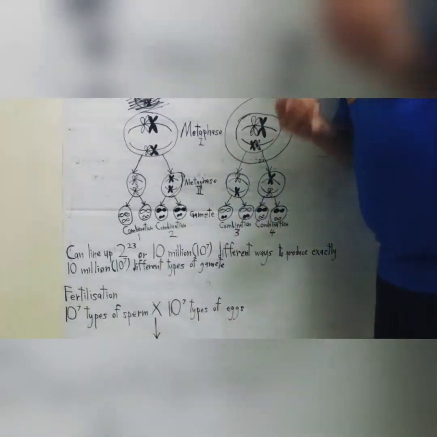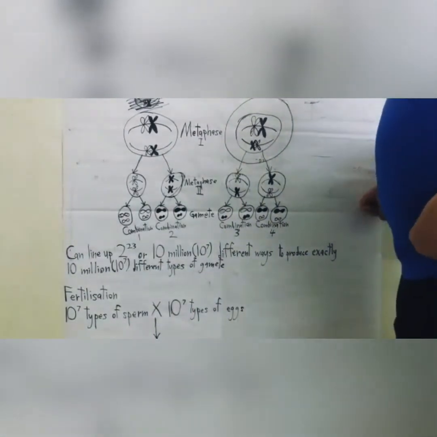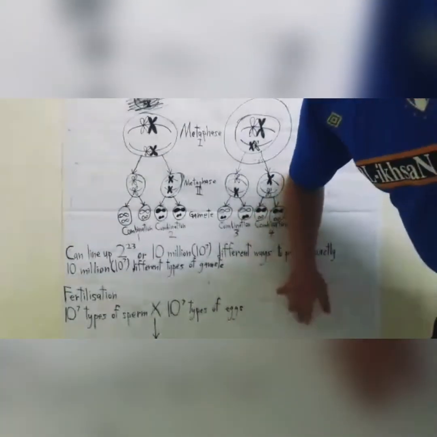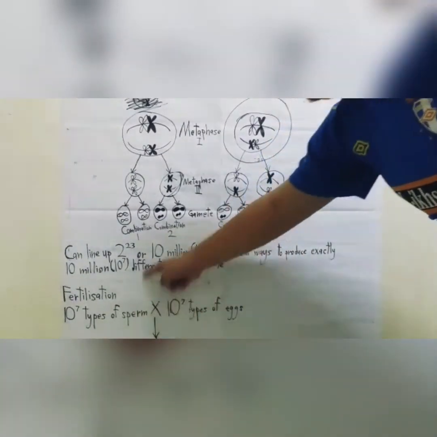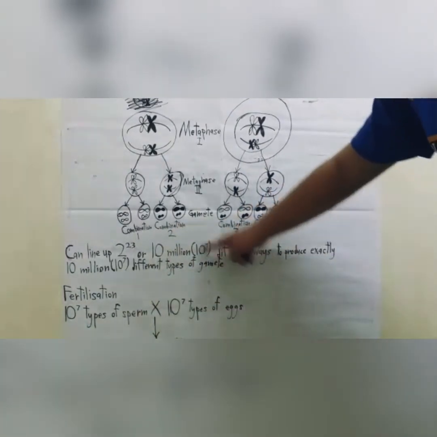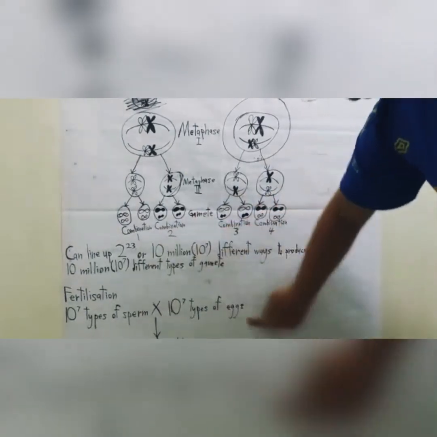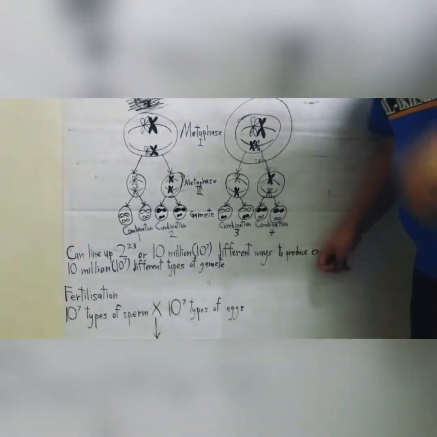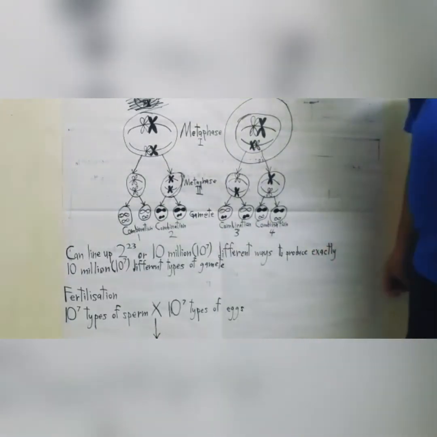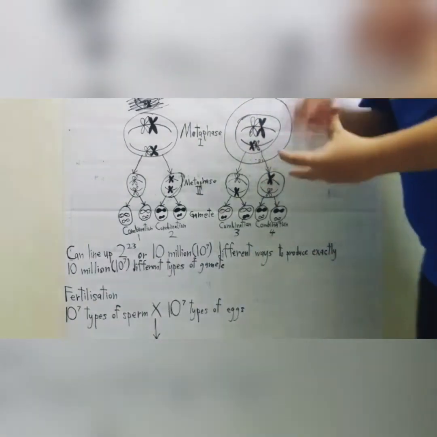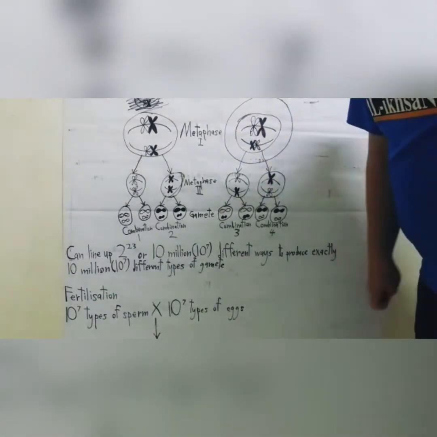Basically it means that the variation of the sperm and the eggs is random, as one of these combinations will randomly go into an egg with one of these combinations to produce a child. So there are many different types of variation, and there are still more to be found out later.